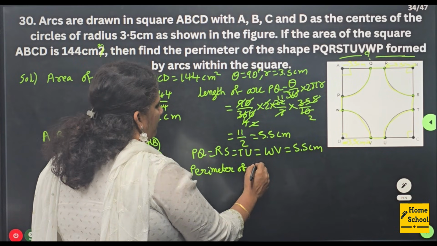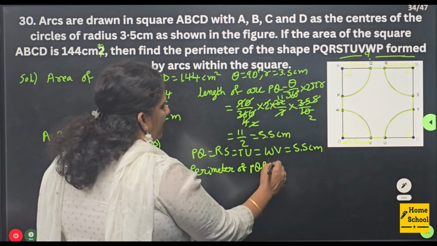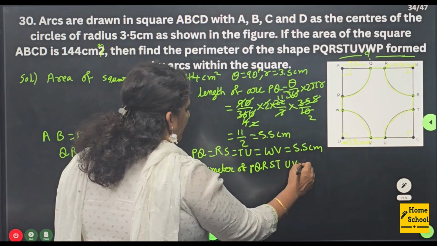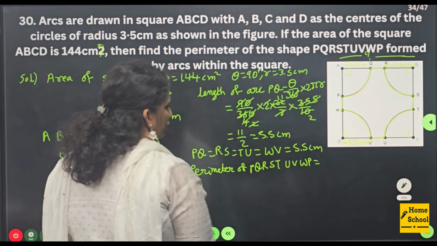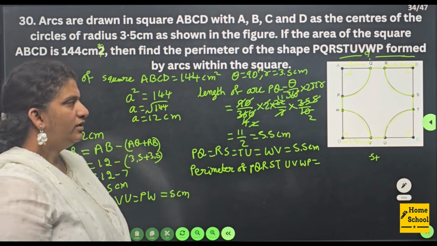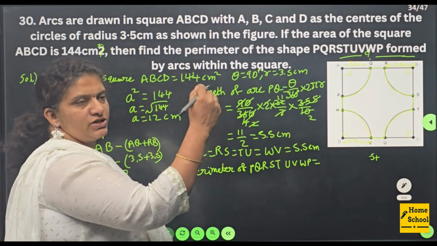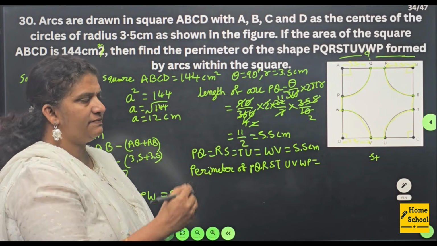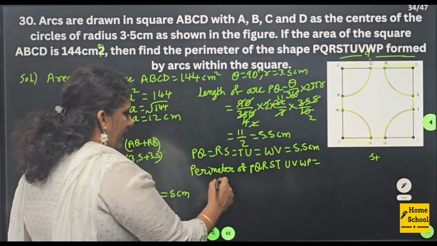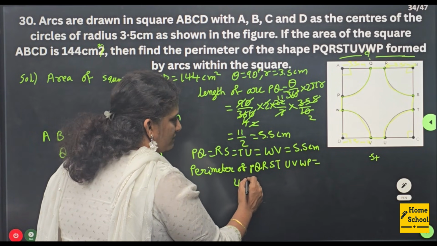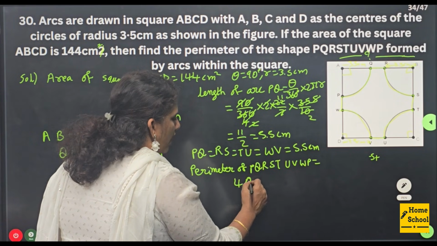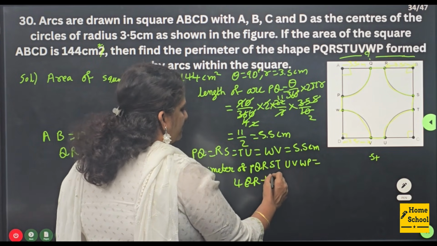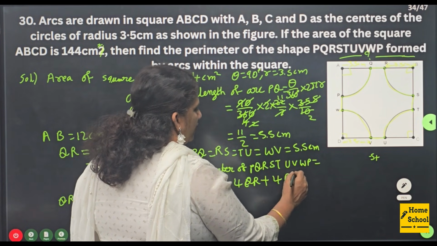Perimeter of PQRSTUVWP is equal to perimeter. If you want, you can write PQ plus QR plus RS plus ST plus TU, or else 4 times QR plus 4 times PQ.